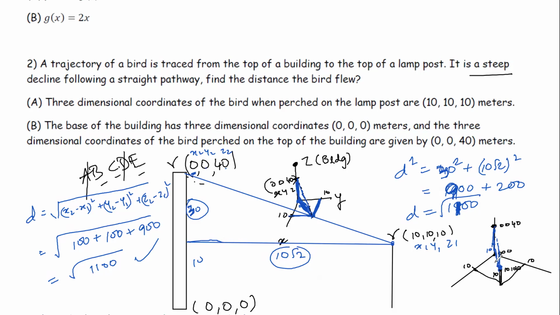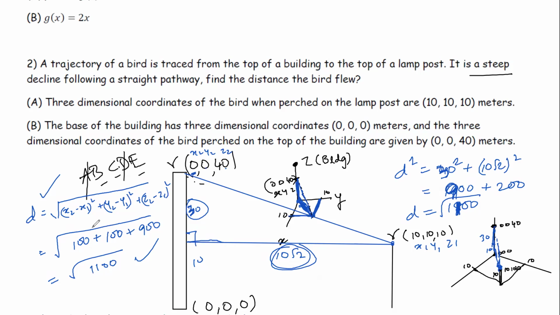So that is acting like a diagonal of a square 10, 10. So therefore 10 root 2. And from 10 to 40, it is 30 out here. So I hope you understood the right triangle. Otherwise use the distance formula for the three-dimensional coordinate geometry. That'll give you the exact answer.